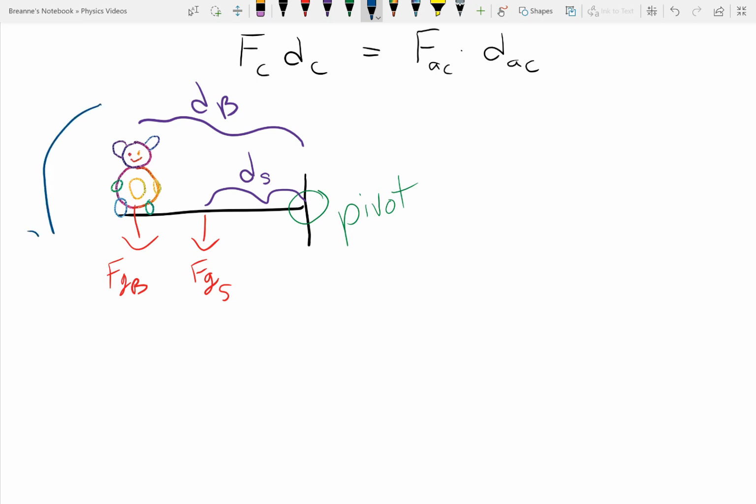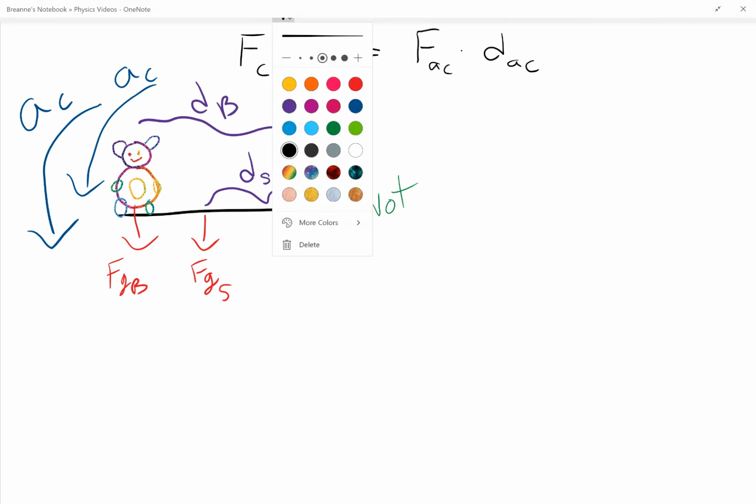Now you have to think about which direction is it making it rotate. Well, the bear is making it rotate that way, which would be anti-clockwise. And the shelf is also making it rotate that way, which is anti-clockwise. So they're both going anti-clockwise. We're going to extend out said shelf.